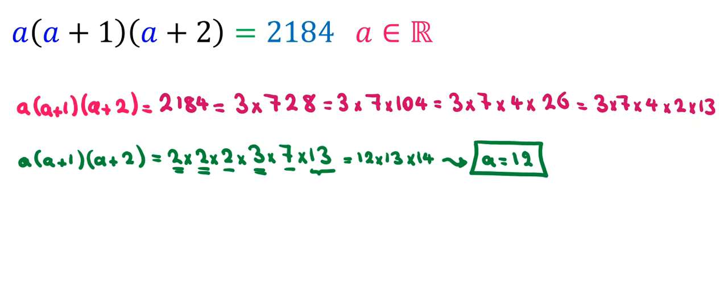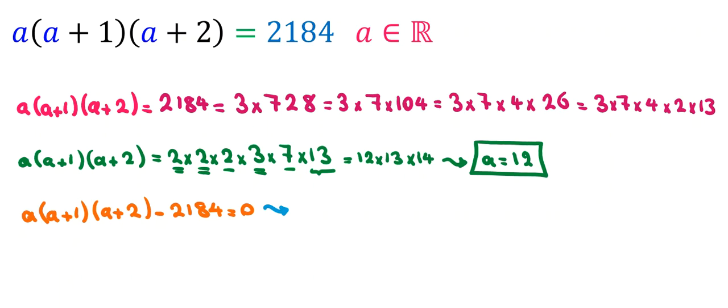Now let's try to see, can we find any other answer? So a times a plus 1 times a plus 2. Let's take 2184 to the left hand side. We consider it as a polynomial with degree 3. Because the degree is 3 and we found one answer, we can factorize, and with the quadratic formula we can easily solve. Let's see how.